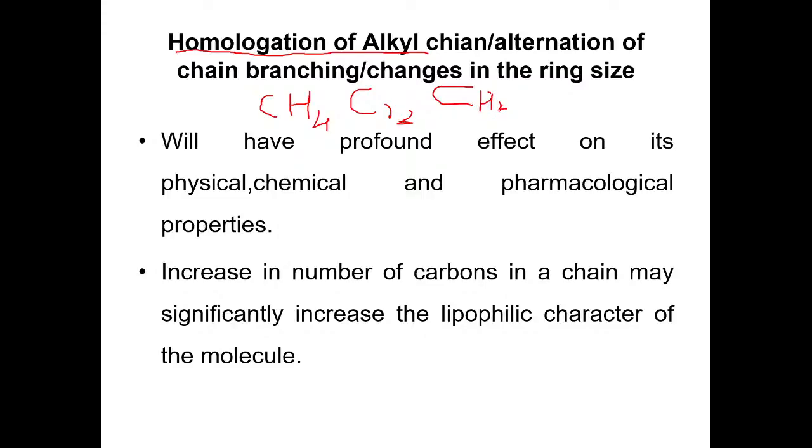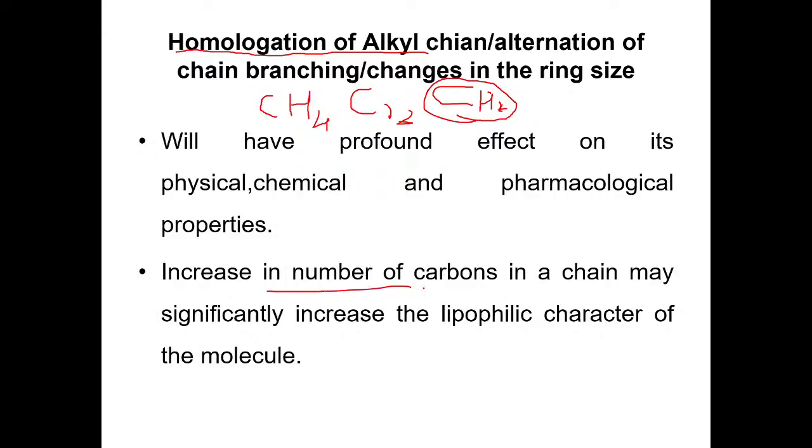Homologation means you synthesize a series of molecules differing by a definite group and number of atoms. This will have a profound effect on physical, chemical and pharmacological properties, like homologation, alteration in chain branching, increasing or decreasing the size of branching, introducing a branch, or changing the ring size, converting a 5-membered pyrrole to pyridine, so it can have a different property.